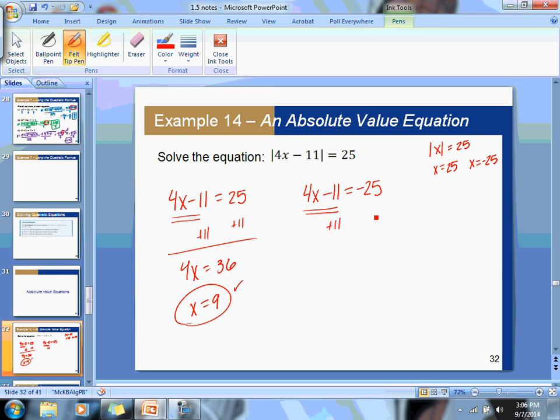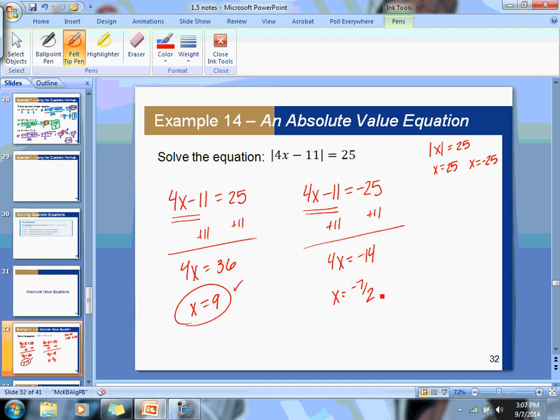Then over here, I'm going to do the same steps. I'm going to add the 11. So this time I get 4x equals -14. And now when I divide, I get x equals -14 over 4, which is -7 over 2.